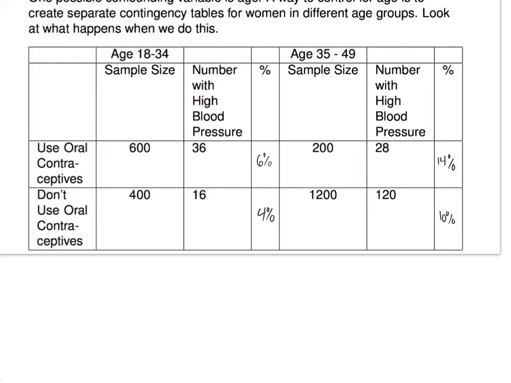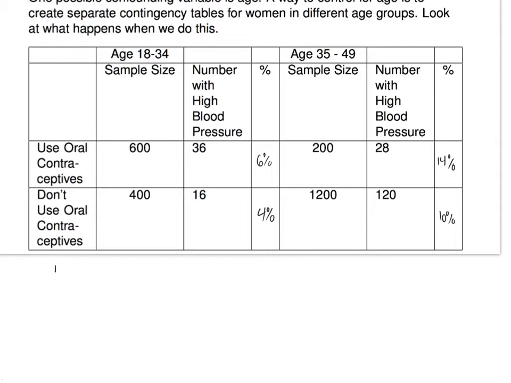Okay, so what happened in this one relative to the last one? In the previous one, the percent was higher in the don't use contraceptives category, right? In this one, it's reversed, right?